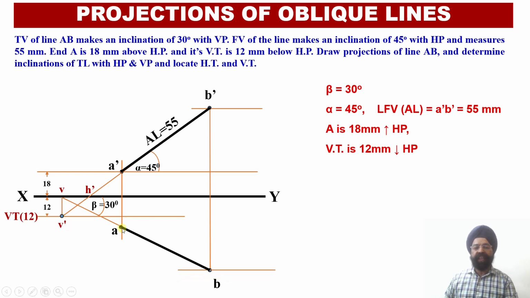Now having obtained these 2 points, I am going to draw horizontal locus lines through the points A and B which represent the projection of the line AB in the top view.